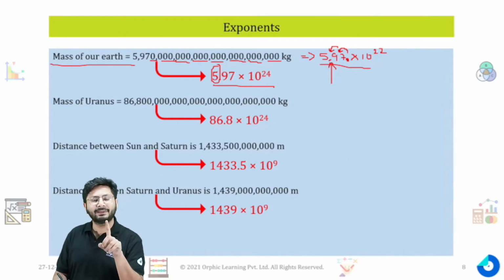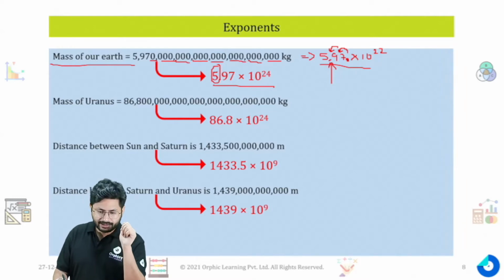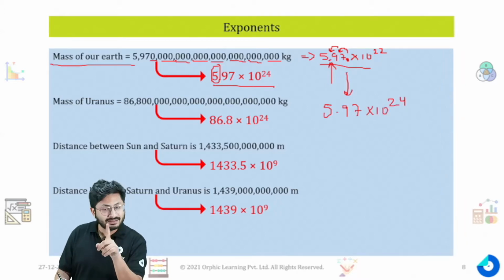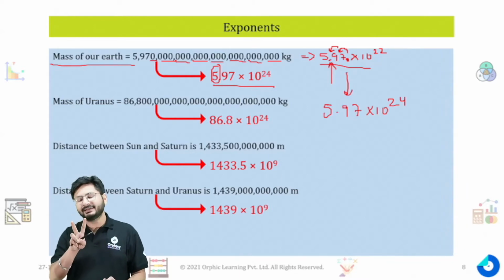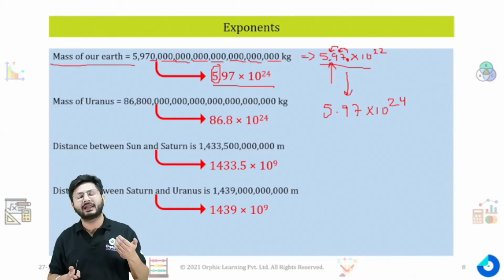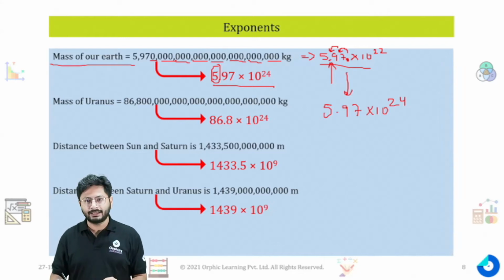In this case, I am shifting the decimal 2 times to the left-hand side. So I'll write this number as 5.97 into 10 to the power 24. Initially it was 22, then 24 came, an increase of 2, because the decimal got shifted 2 times to the left-hand side.